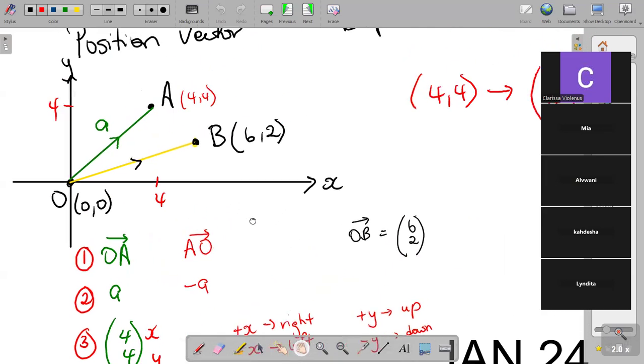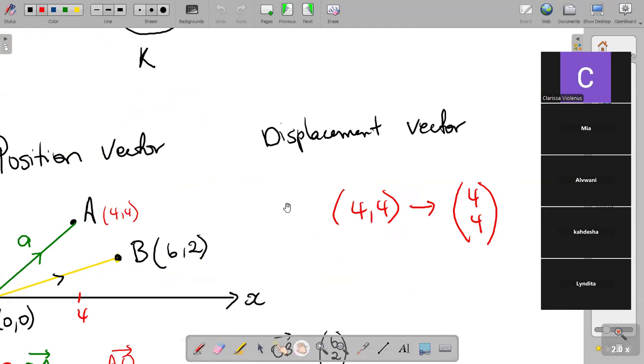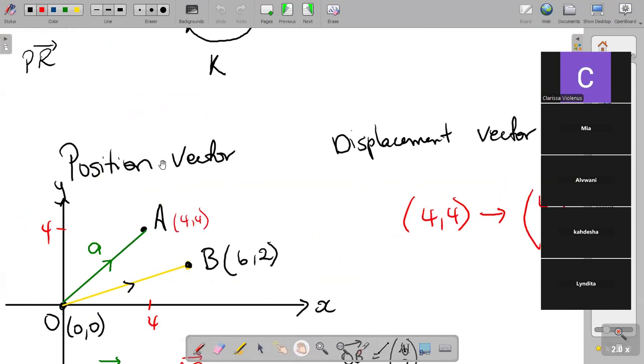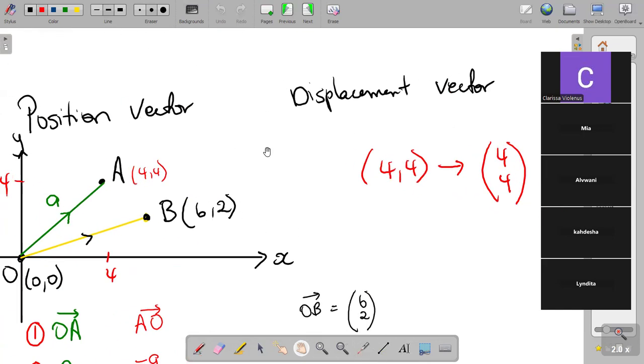Another thing that you should know is that there are two types of vectors that are extremely important. The first is a position vector, which starts at the origin. That means the place where the vector starts is at point 0, 0, where x is 0, y is 0. Then you have a displacement vector.